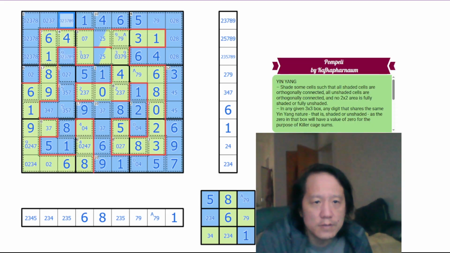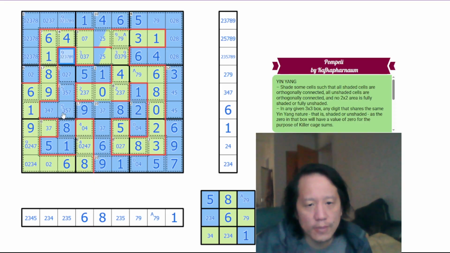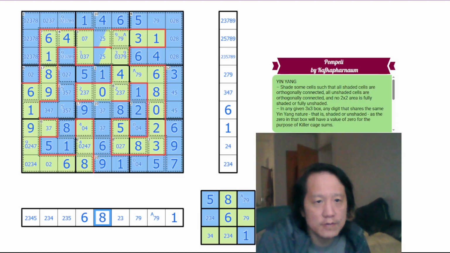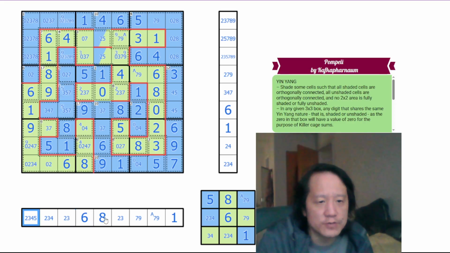Okay. This can't be 5. We have to have a 5 here, so this can't be missing 5. So column 1 must be missing the 5.